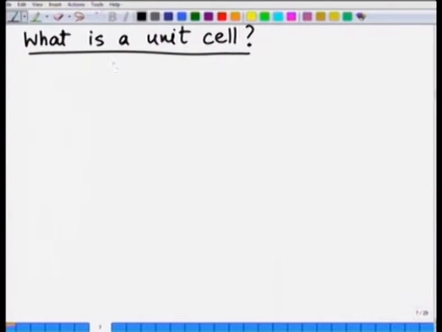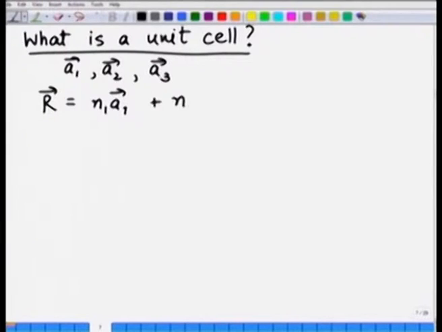not all in the same plane, then I can describe those 3 lattice vectors as A1, A2 and A3. Sometimes we use A, B, C, it does not matter. Then I should be able to find the position vectors of the points by R vector equals N1 A1 plus N2 A2 plus N3 A3.